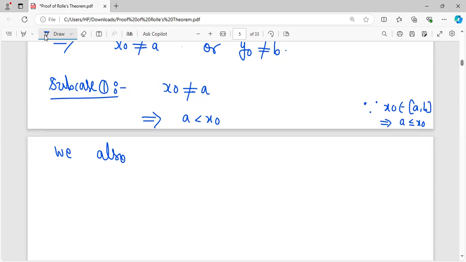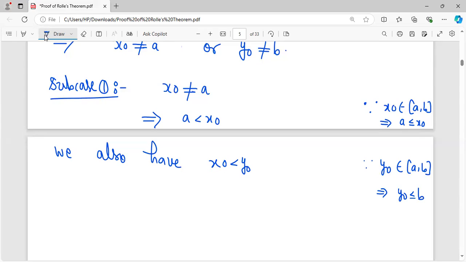And we also have that x naught is less than y naught, and y naught also belongs to the closed interval [a, b]. So this implies y naught is less than b.